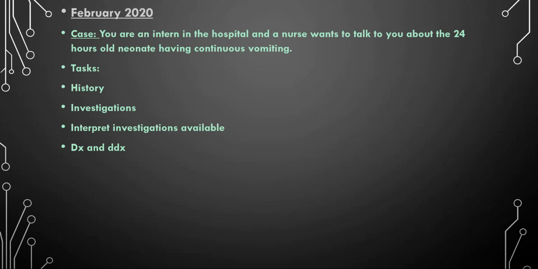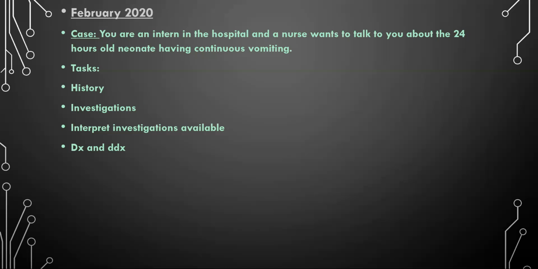Then in the investigation, you can talk with the examiner always, don't talk with the nurse. The most important investigation in any vomiting in children is your X-ray abdomen or X-ray chest.